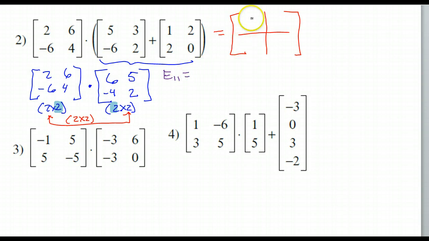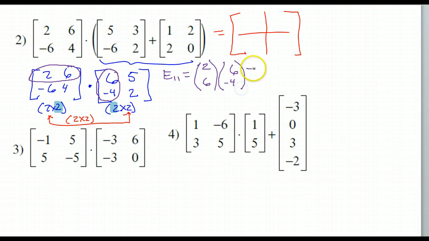For element 1,1, I need to do row 1 times column 1. So this is row 1, and this is column 1. So let's do that. That's 2 and 6, and that's 6 and negative 4. If I put those together, I'm getting 12 and negative 24.